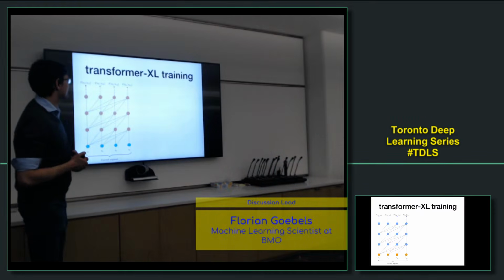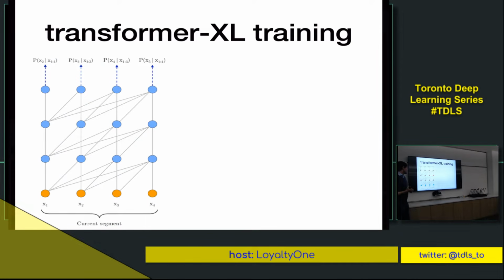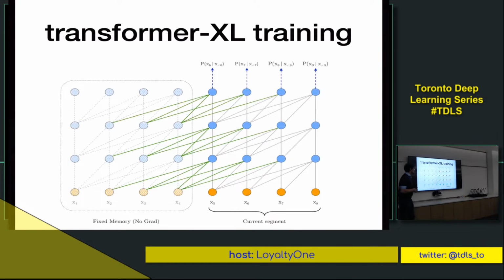And what do they propose here in Transformer-XL? Say for the current segment, I just do the self-attention as it is. And let's say I want to do the next segment. So what they do is, for the next segment, we say this is the current segment and this is the previous segment. They treat it as a memory. And what they do is concatenate the hidden states of the previous segment to the next segment.